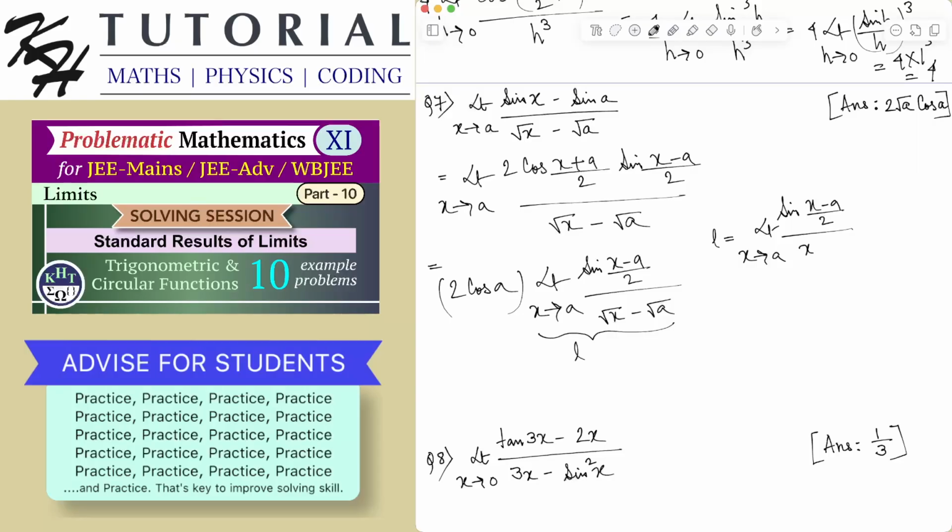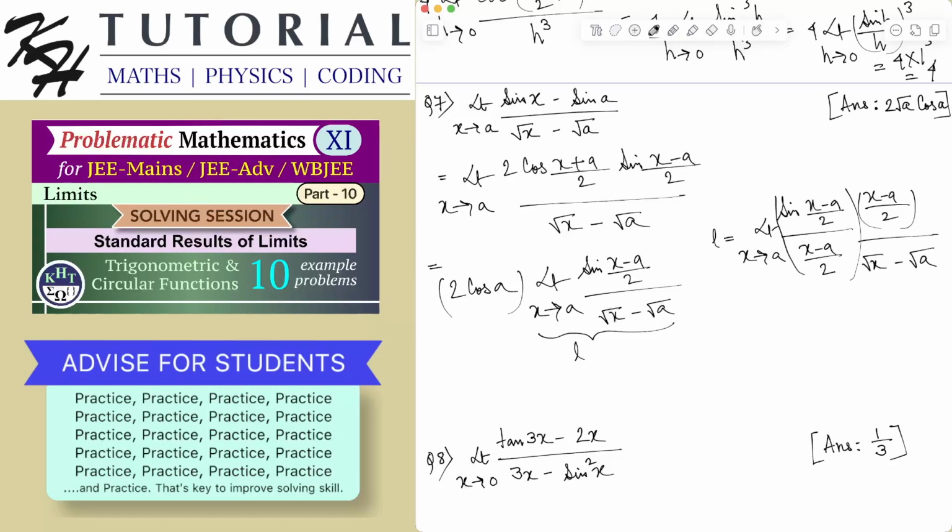We know that sin f(x) by f(x) when f(x) tends to 0 is 1. In this case f(x) is (x minus a) by 2. This I will adjust, (x minus a) by 2, divided by root x minus root a.